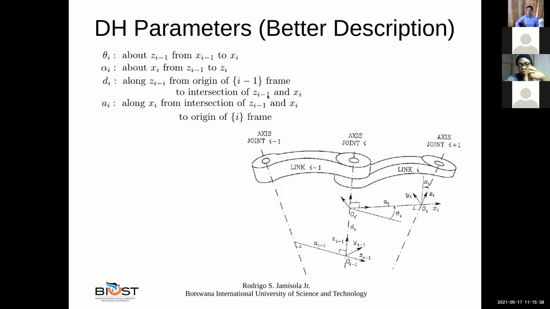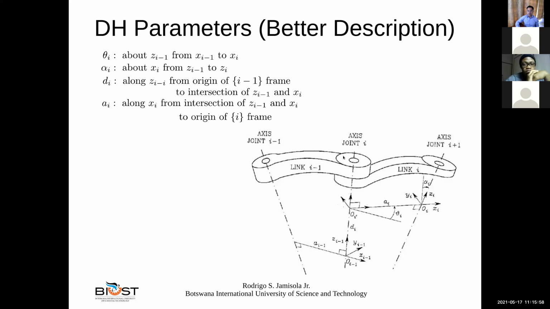And then from there, we identified 4 parameters. Once you assign the reference frames of frame I and frame I minus 1, then you will be able to determine the parameters theta I, alpha I, which are the angles associated with these transformations.